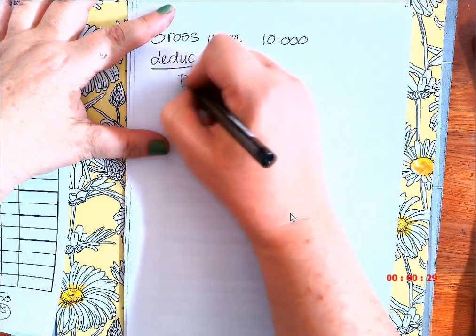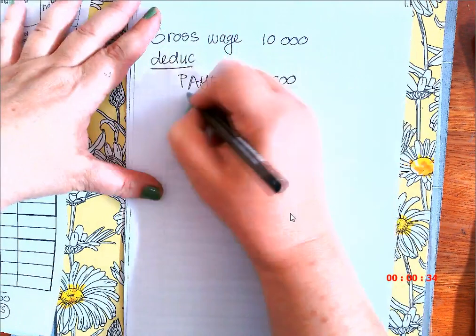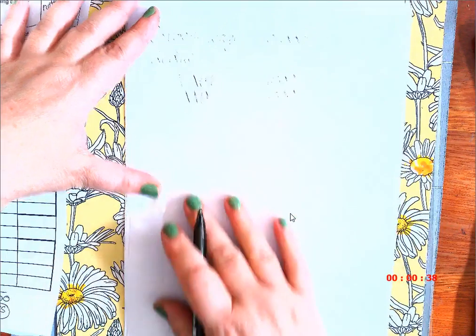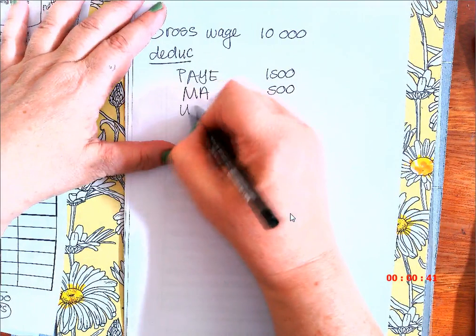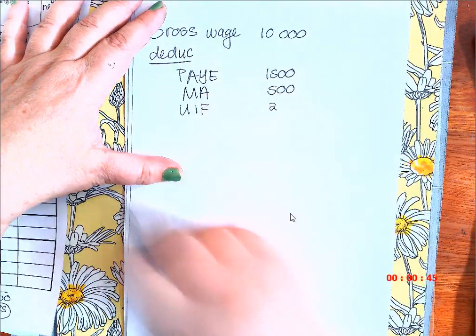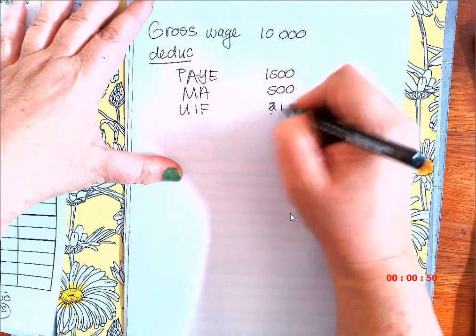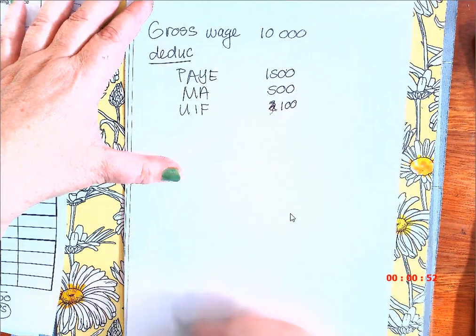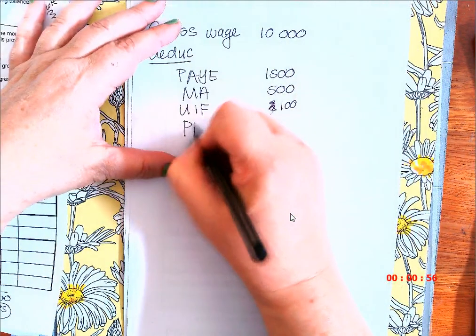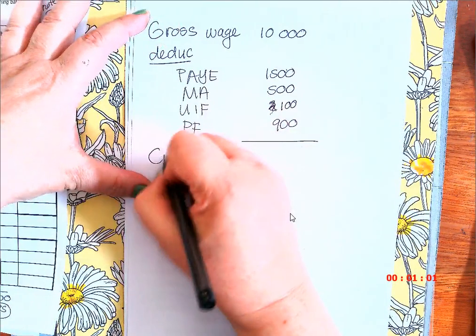He's got PAYE, 1,005, medical aid, 500, UIF, 200. No, UIF is always 1% of this, ne? So it's going to be 100. That's according to law. Then pension fund, let's say 900. So in the end, he gets this.